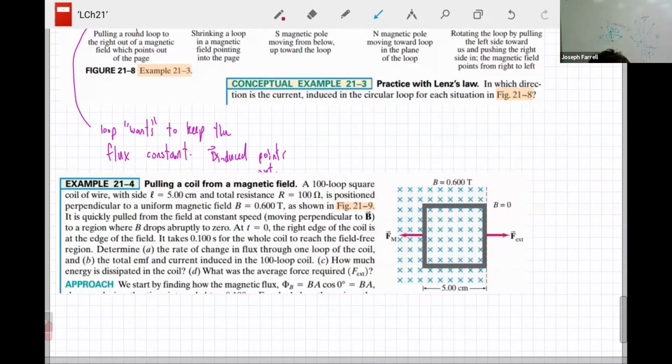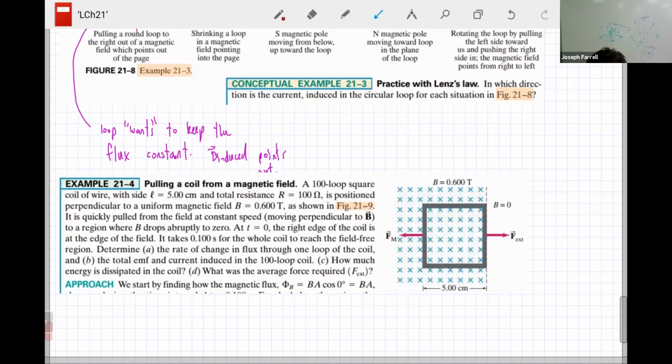And as a current is induced, there's a current in a magnetic field that experiences a force. So this is related to how inductors are used for power steering and that stuff. They can actually apply forces to coils. And you could actually get forces by turning on the magnetic field also. But in this case, as we pull it out, we're going to find there's a resistance to us pulling it out.